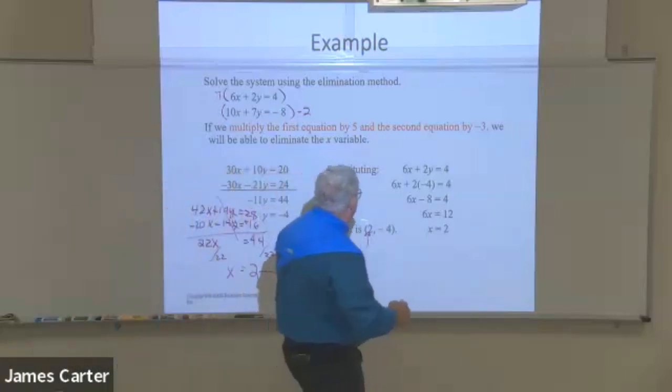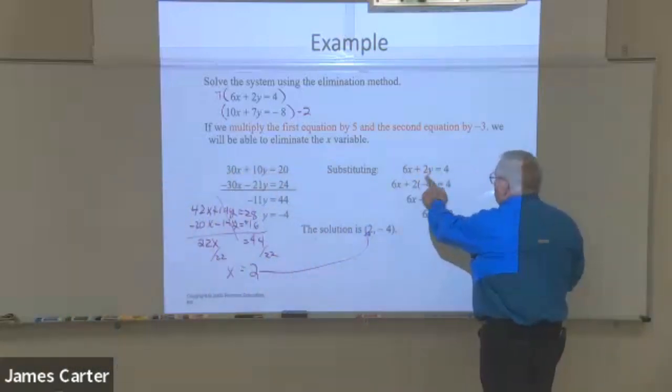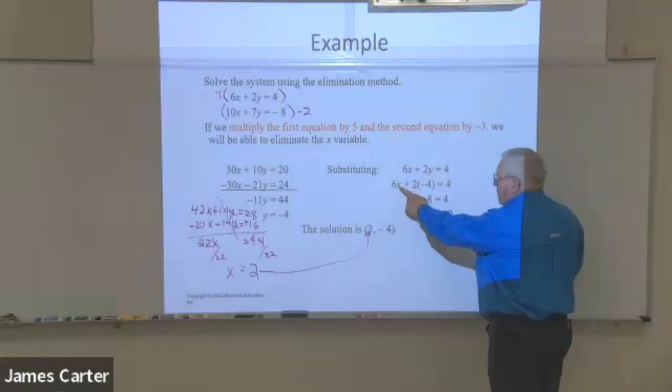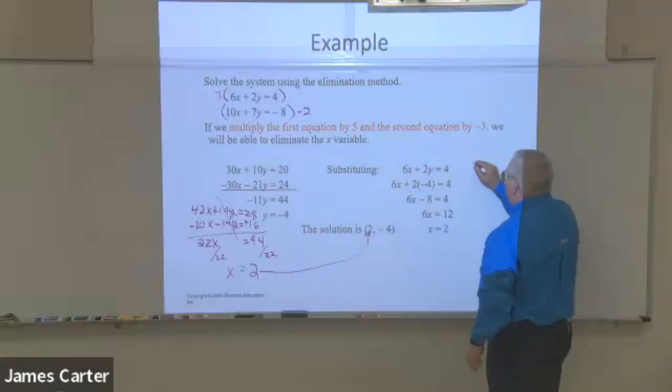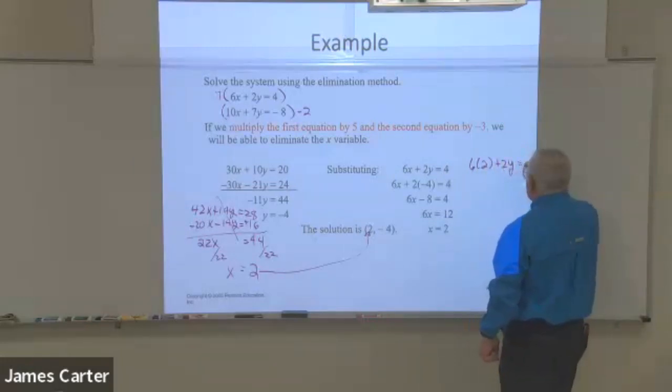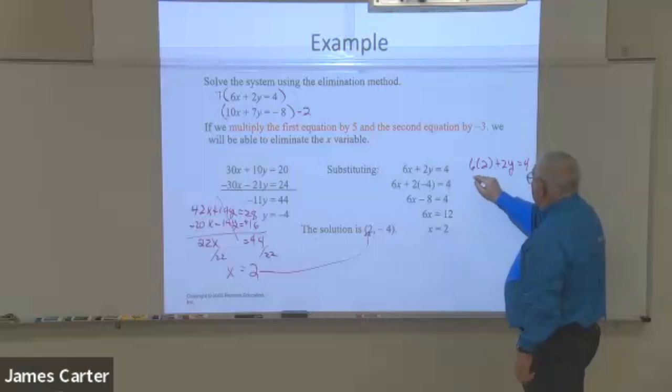What about the y value? Well, it's a similar process to this, except now I'm substituting the x value. So I've got 6 times 2 plus 2y equals 4. 12 plus 2y equals 4.